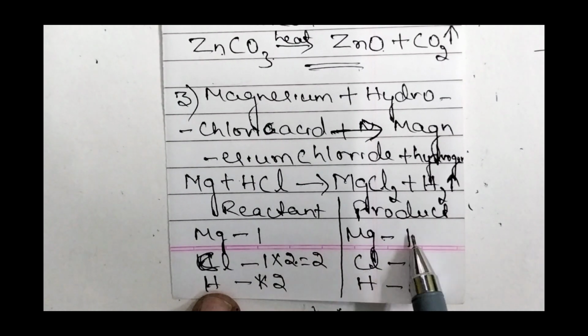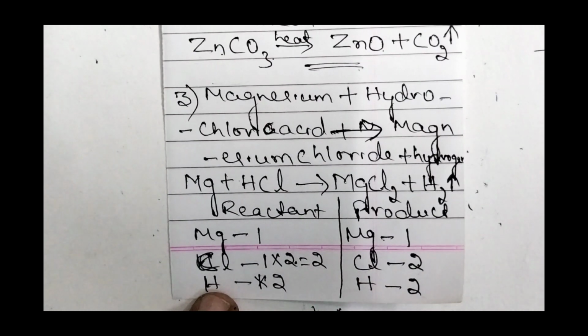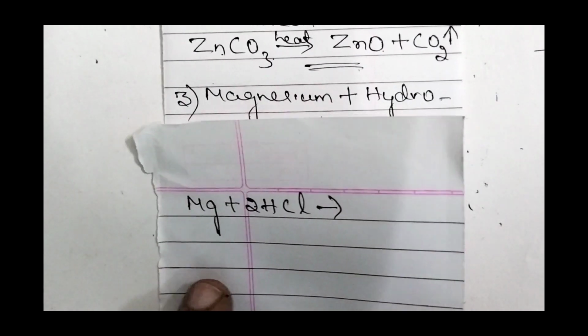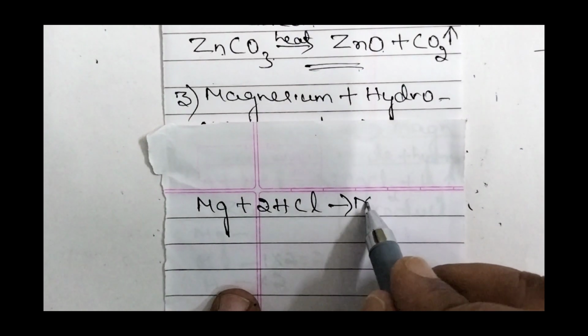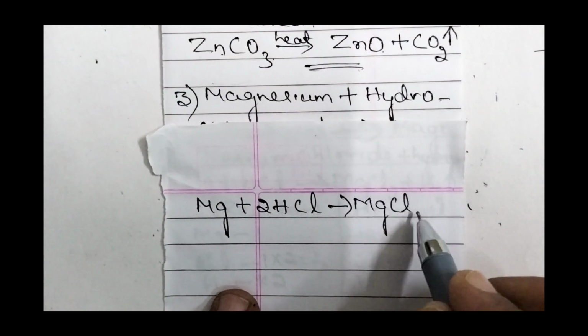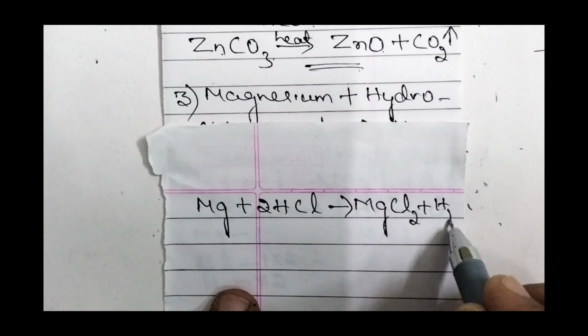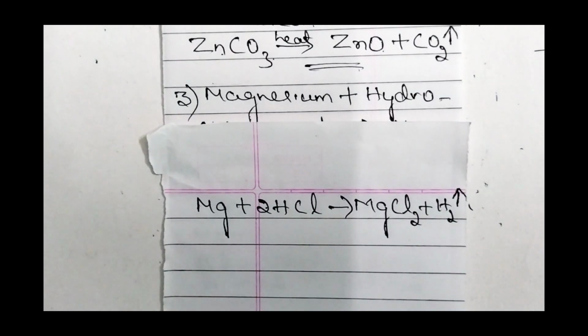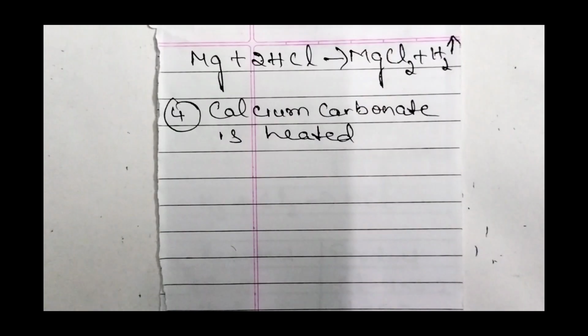Now magnesium balanced, chlorine balanced, hydrogen balanced. So all 3 are balanced now. So Mg plus 2HCl give rise to MgCl2 plus H2 liberated. So this is a balanced chemical equation. Like this we have to balance this chemical equation.